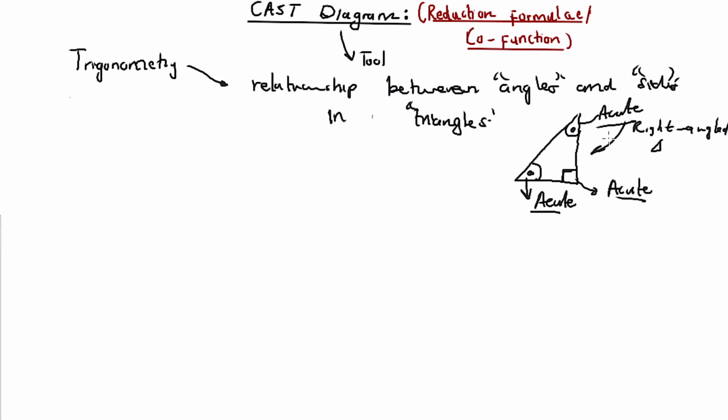But there comes a time where you find yourself working with angles that are bigger than 90 degrees. The CAS diagram exists for that purpose, to work with angles that are bigger than 90 degrees. In other words, the CAS diagram allows us to work with angles that are obtuse and reflex, right?